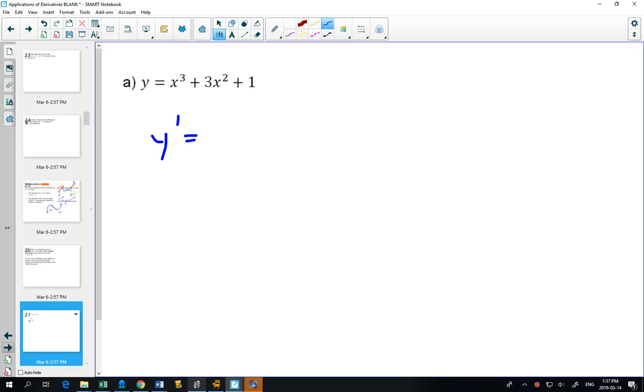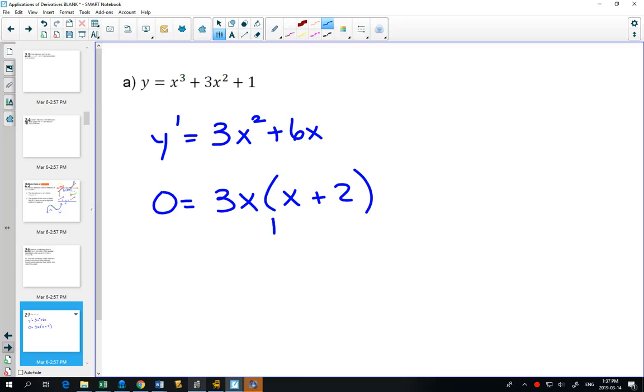We're going to find our derivative, 3x squared plus 6x. We're going to set our derivative equal to 0 to find our critical points. I can factor out a 3x, leaving me with x plus 2. It's equal to 0 when x is 0 and x is equal to negative 2.